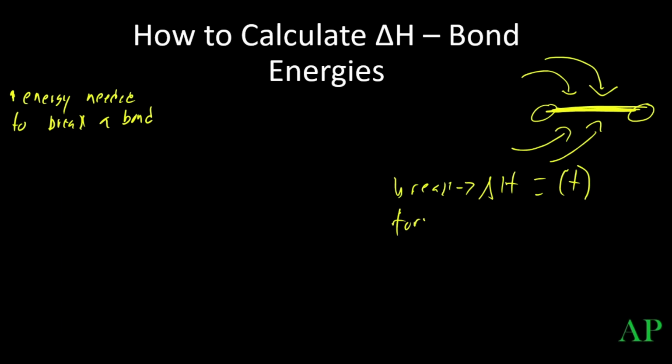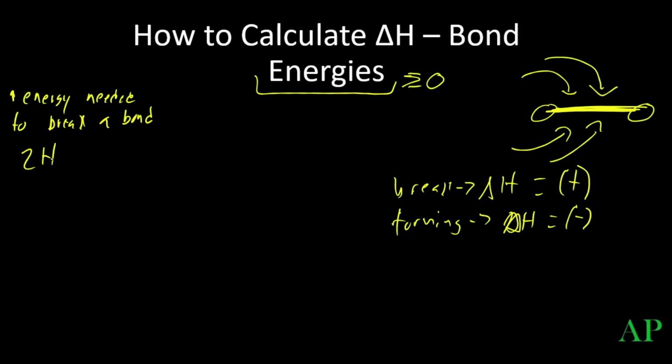The opposite, forming a bond, will be an exothermic process. Breaking bonds always requires energy. Forming bonds always releases energy. So you can imagine that all values for bond energies are always going to be equal to or greater than 0.